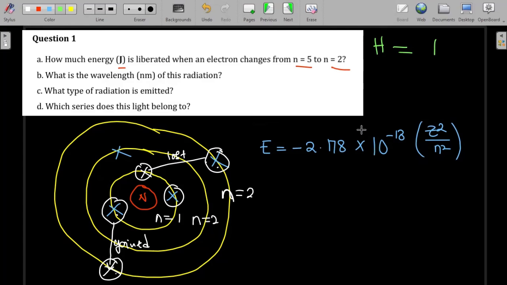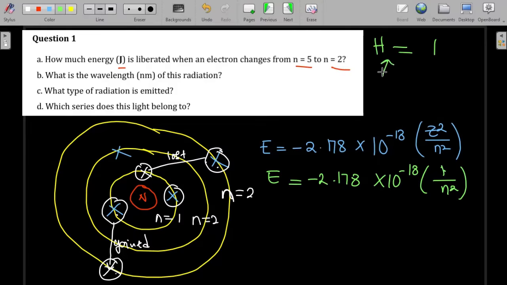That's why in most books, when you're given this formula, it's just going to be in this form: times 10 to the power minus 18, and then 1 over n squared. This one comes in because we are dealing with hydrogen. Hydrogen has the atomic number of 1.